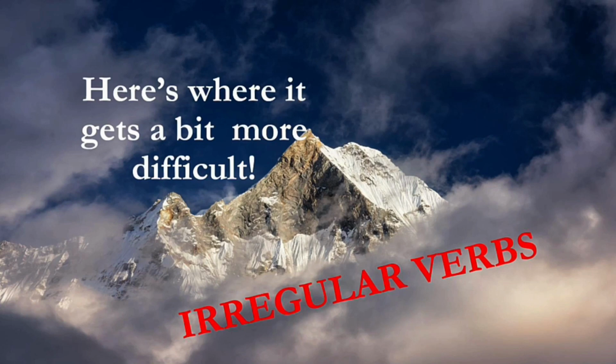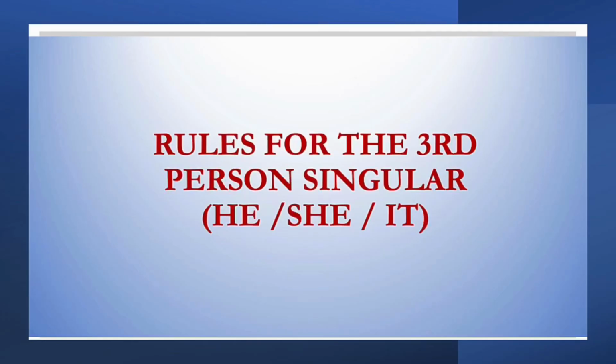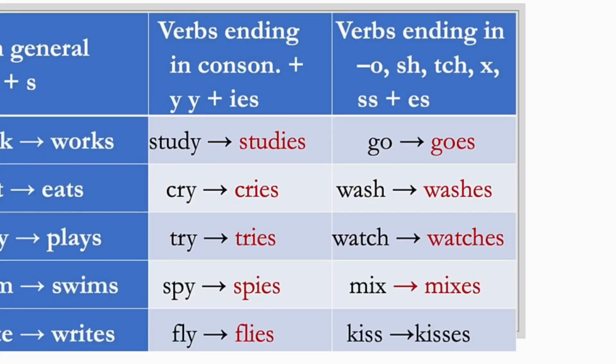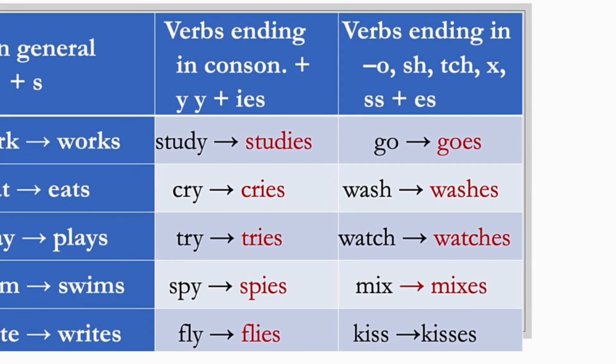Now here's where it gets a bit more difficult. Irregular verbs in the third person singular. The rules for the third person singular, that's he, she and it. In general, we just add s to the end of the verb.